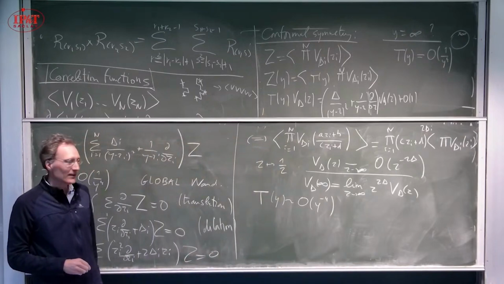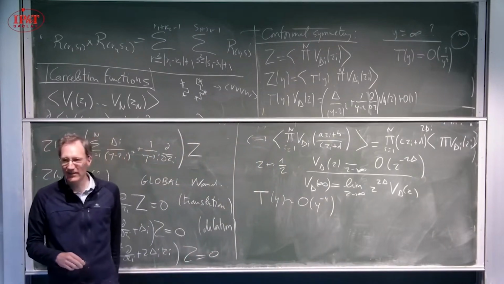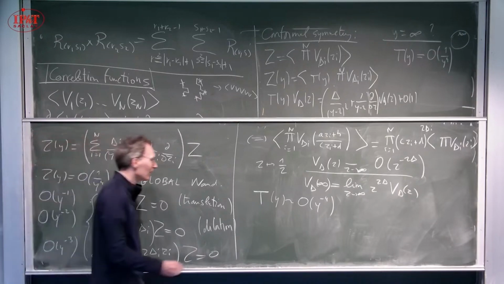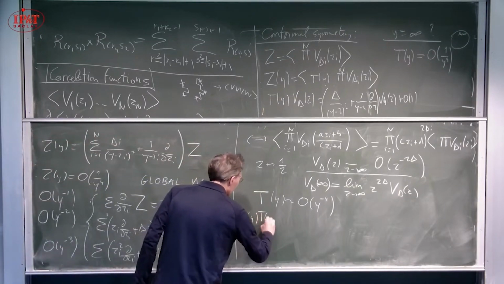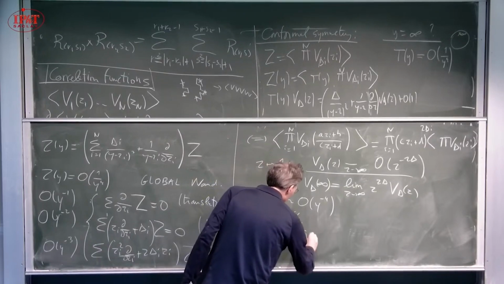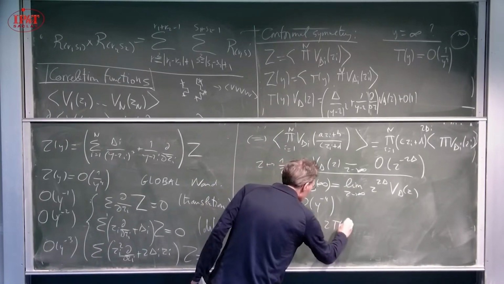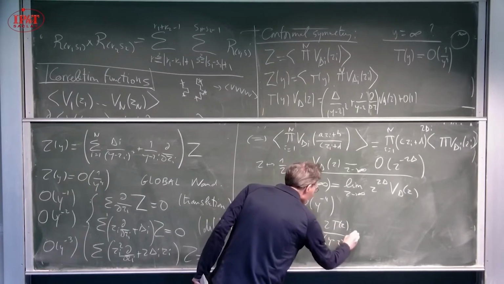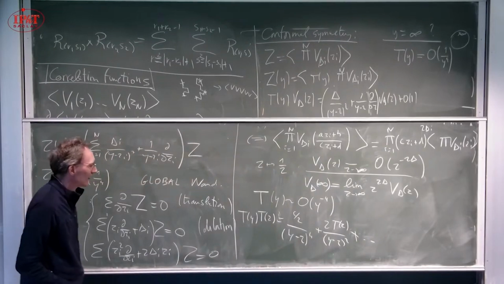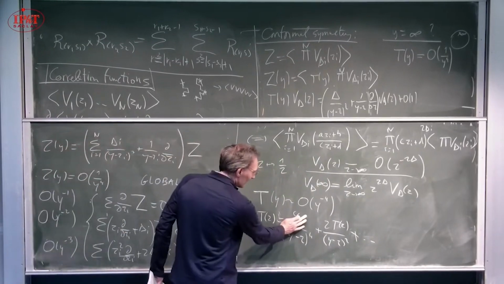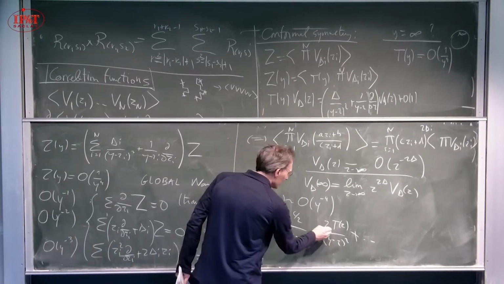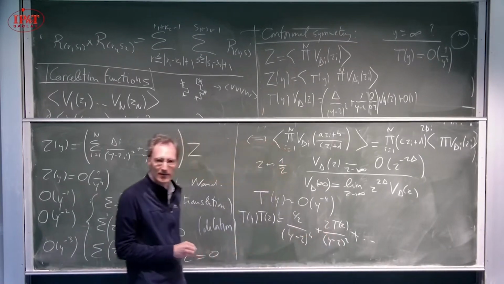Okay, there is a small subtlety here. Is T really a primary field? So if you look at its operator product expansion, T of y, T of z, you find c over 2 over (y minus z) to the fourth, plus 2T of z over (y minus z) squared, plus the rest. So basically, if I didn't have this term, T would be a primary field of conformal dimension 2, because we have a coefficient 2 here.